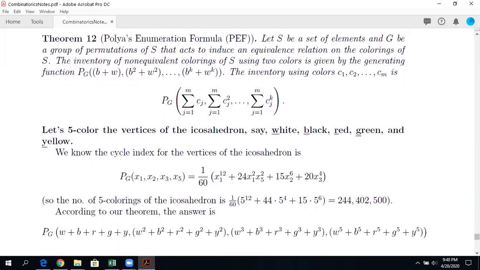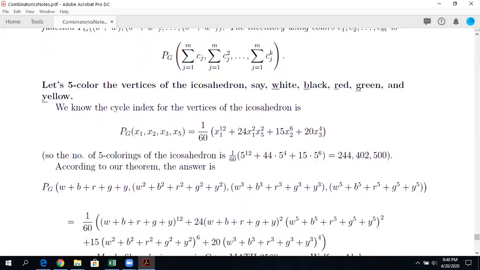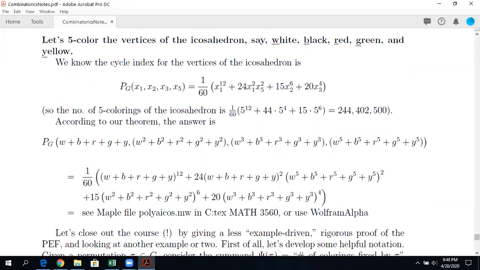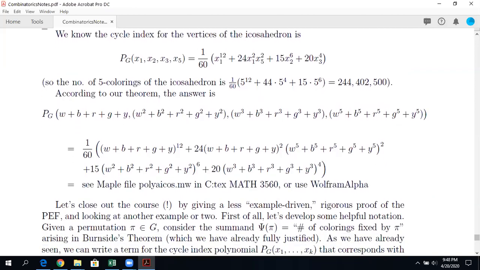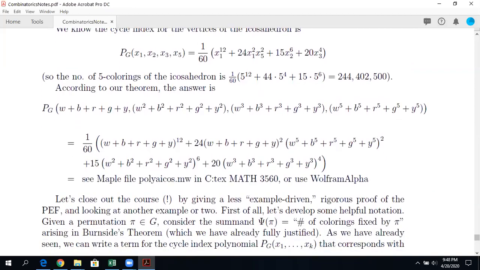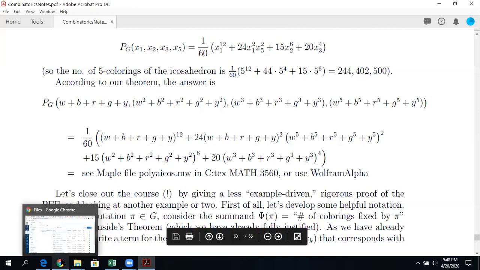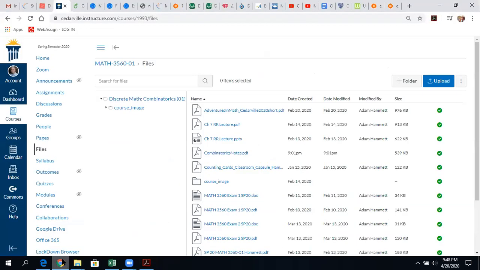And we took a peek at the icosahedron last time, and ended up with this down here. We came up with the cycle index polynomial for the icosahedron before, and we were 5-coloring vertices. I went over into Wolfram Alpha and did this thing. We were messing around with that. Actually, I wanted to show you this.